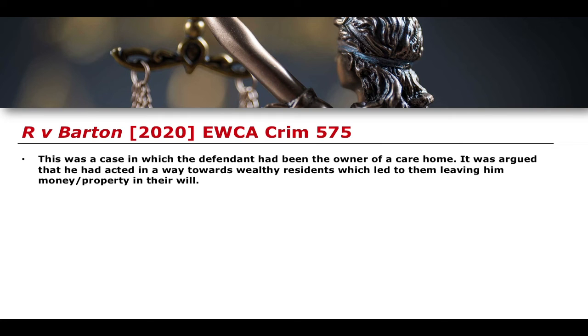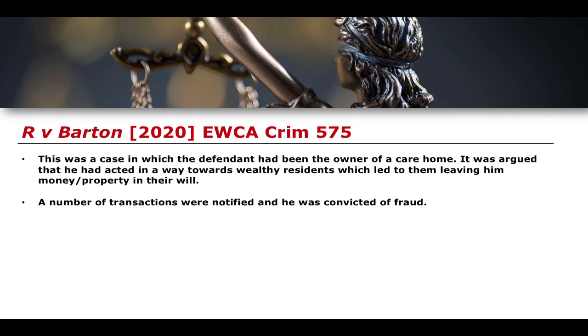So he had essentially scammed, or he had essentially convinced a lot of elderly residents who were particularly wealthy that they should leave various different things, money and property, to him in their will. This would obviously be something that was considered to be dishonest. The number of transactions were notified, and he was therefore convicted of fraud as a result of these particular actions.